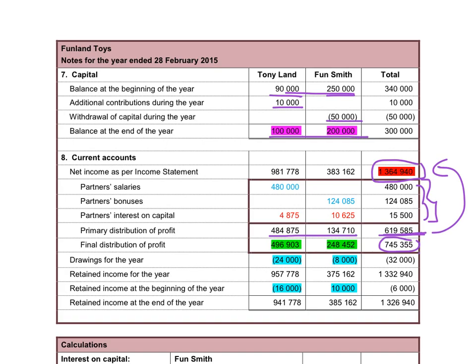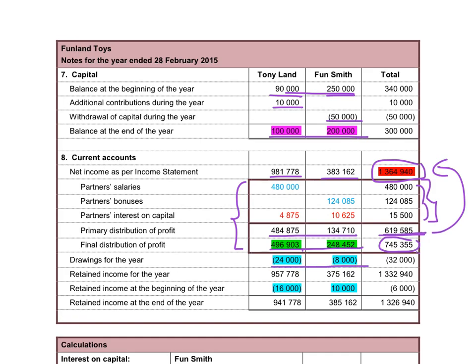Then this 745,355 will be divided according to their profit sharing ratio. Then I will add the three expenses plus this profit to determine how much each partner will receive out of the profits. So all these amounts are on the credit side of the current account because it increases the amount that's owed to the partners.